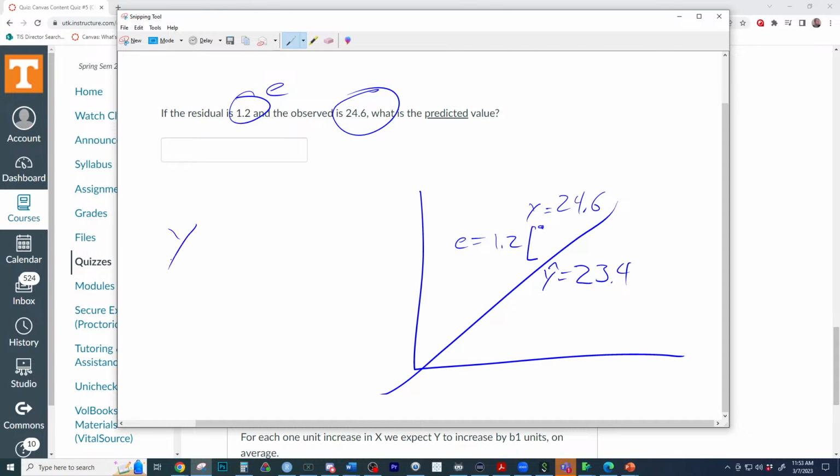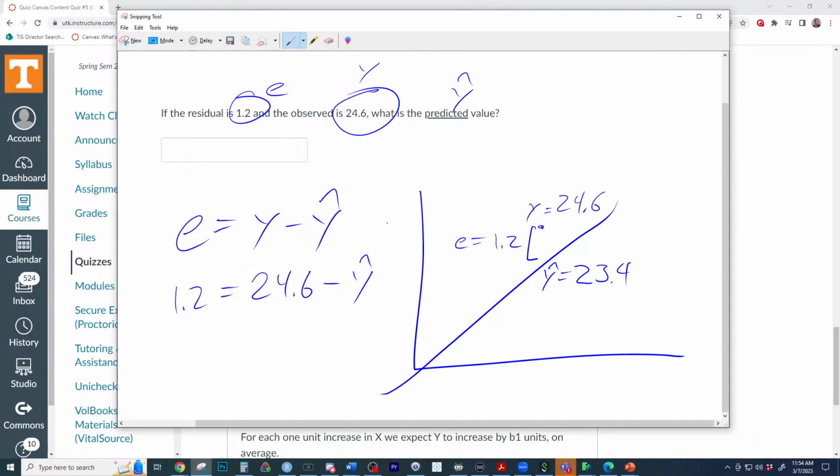So you can plug this back into the formula that the residual is equal to the actual minus the predicted. So that was the observed, and we're solving for the predicted. And so we would get here that 1.2 is equal to 24.6 minus y hat.